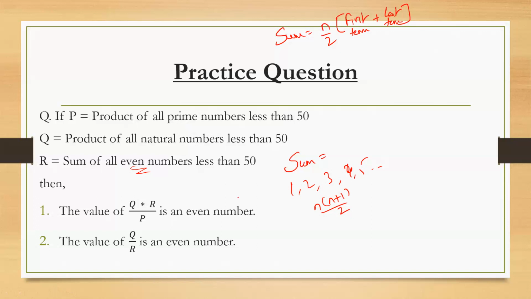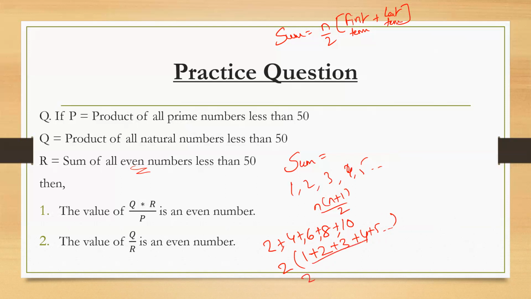Raghavan, see here. If I have elements like 2, 4, 6, 8, and I have to take the sum like this, what I do is take 2 as common. That means 2 into 1 is 2, plus 2 into 2 is 4, plus 2 into 3 is 6, plus 2 into 4 is 8, plus 5, like this till wherever I want to take.